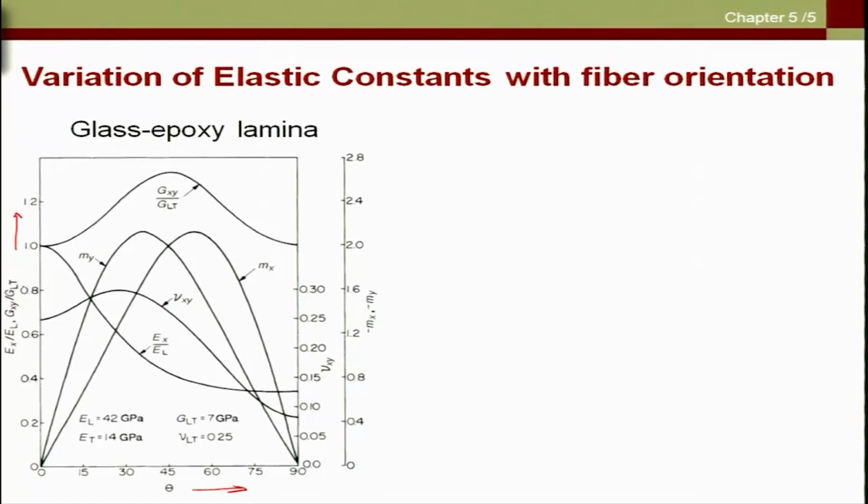Then there is a second axis, because on this graph I am plotting Ex, nu xy, mx, my and Gxy. The second vertical axis is for nu xy, which is changing from 0 to, let us say, 0.6, and the third parallel axis is for mx and my, where the value of negative mx and negative my is changing from 0 to 2.8. Okay.